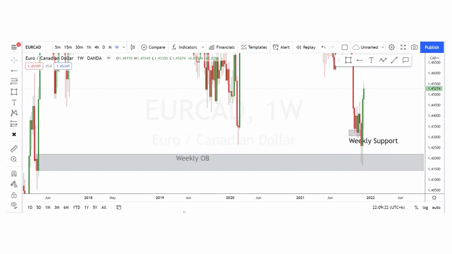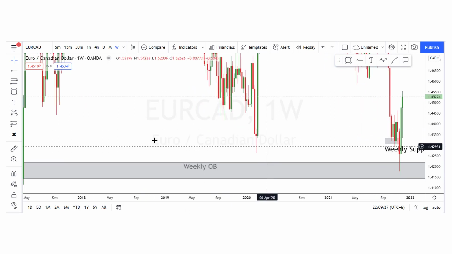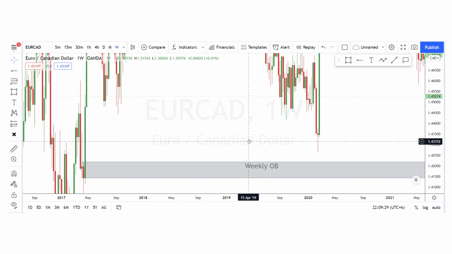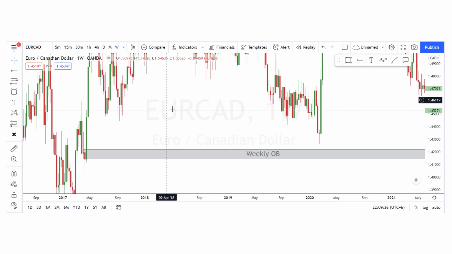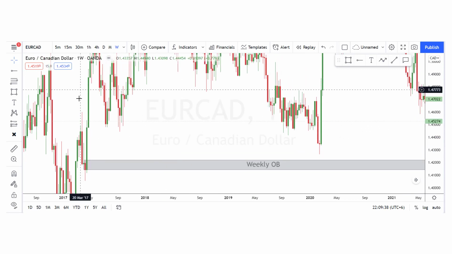Now how do we know that this is an order block? So let's see why this is an order block right here. As you can see, price is giving a continuous bullish run right here, and generally whenever price gives this kind of structure or liquidity void, the previous candle before this liquidity void is known as an institutional order block.